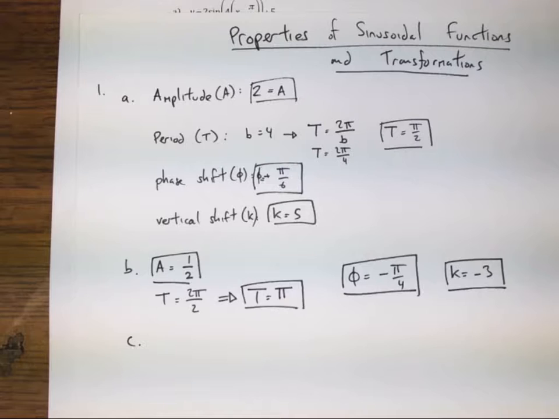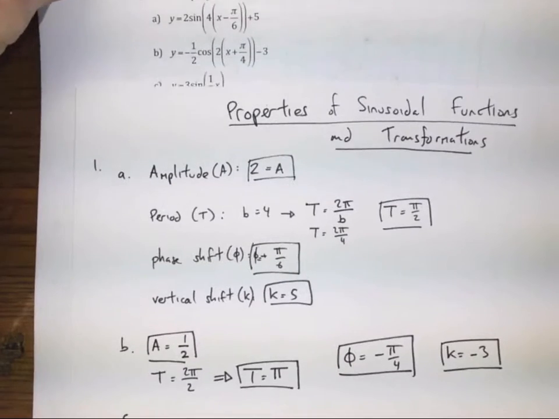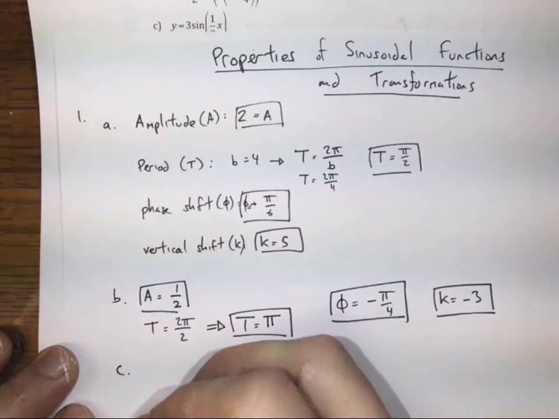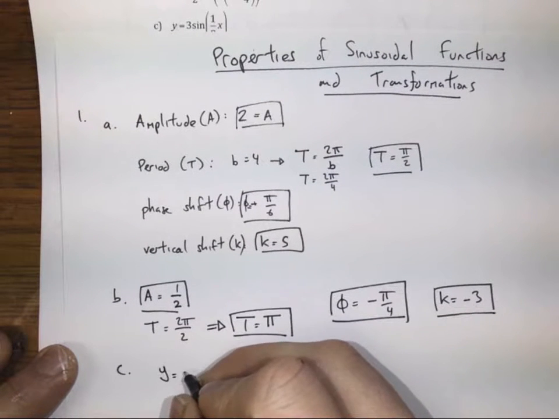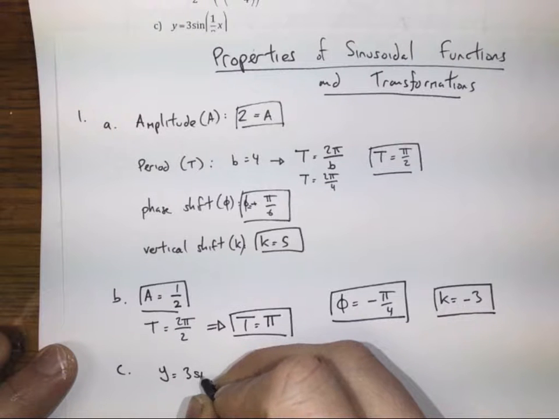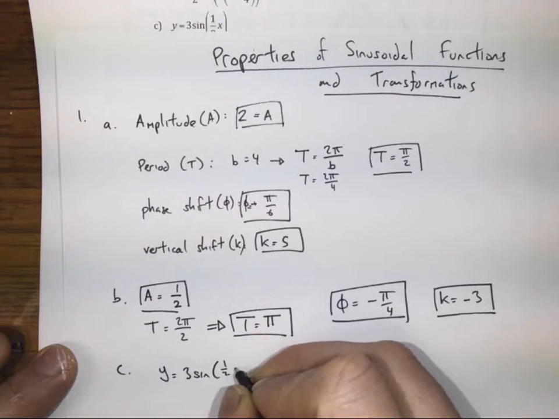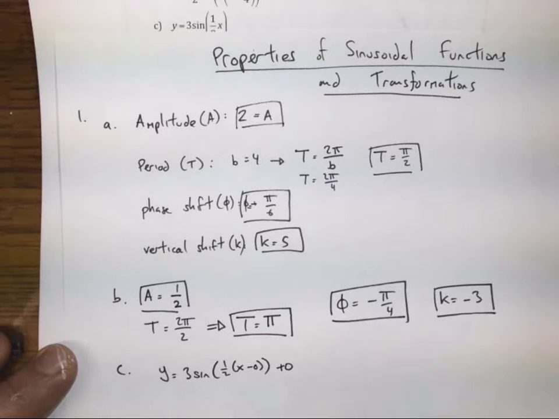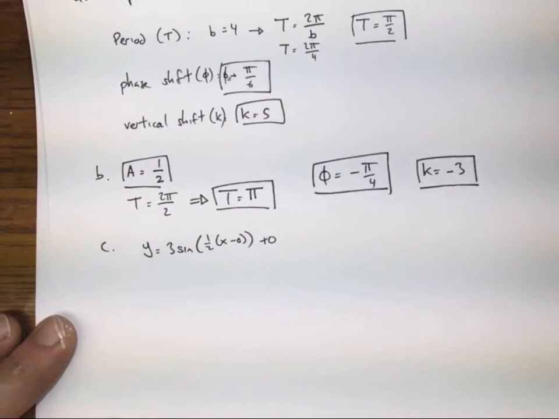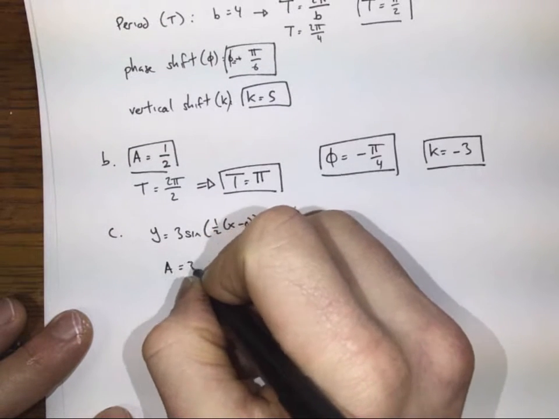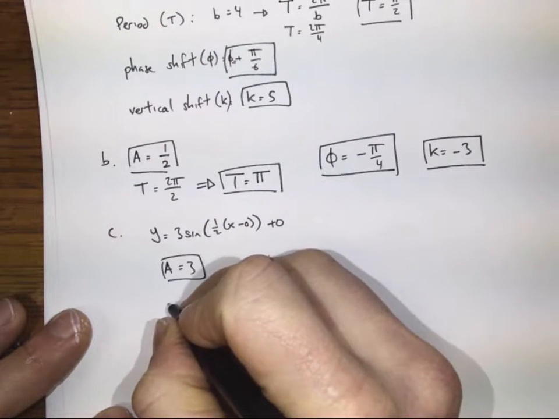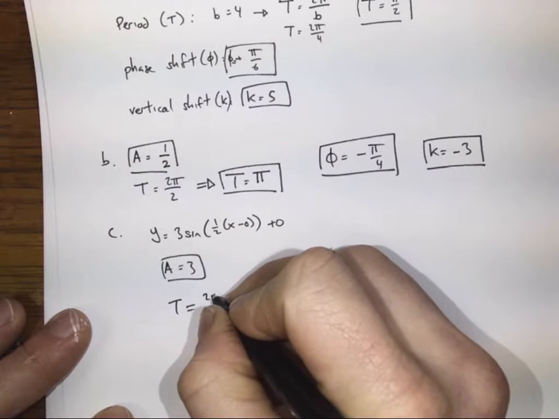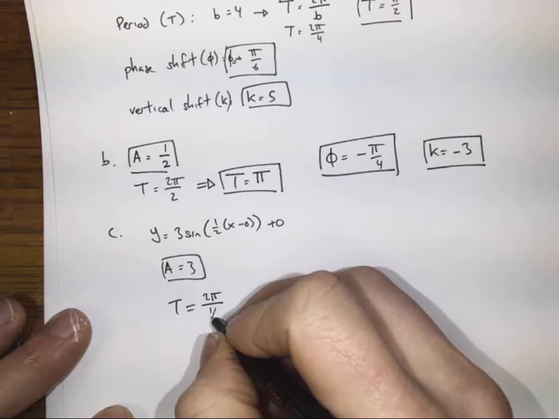So, moving on to part C. So we have 3 sine of a half of x. So it can be helpful sometimes to rewrite it, and we can put zeros and ones wherever the terms that aren't represented would be. So it'd be x minus 0 plus 0. Okay, and maybe that helps us recognize that our a value is 3. For our period T, we know that it's equal to 2 pi over our b value of a half.